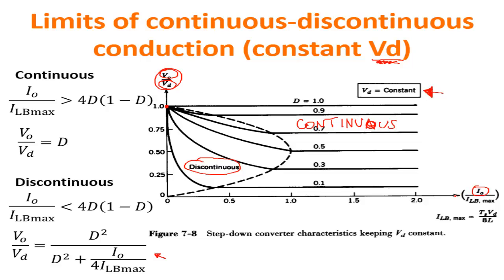So let me just repeat once again. Let us assume that we want to have an output voltage which is half the unregulated voltage. If the current is high, we have to keep the duty cycle at 0.5.